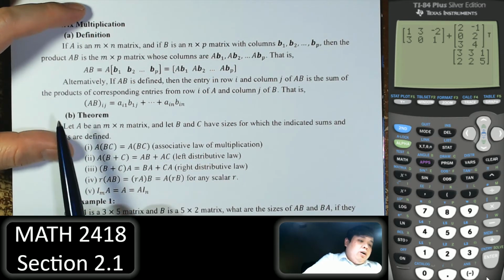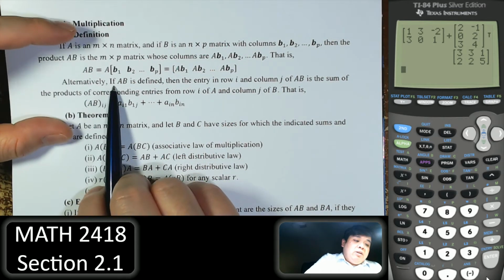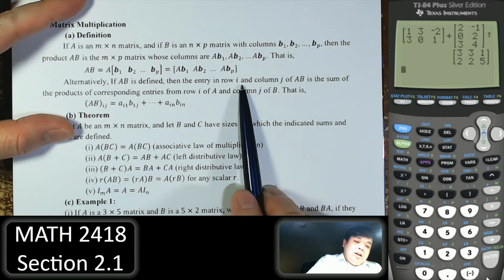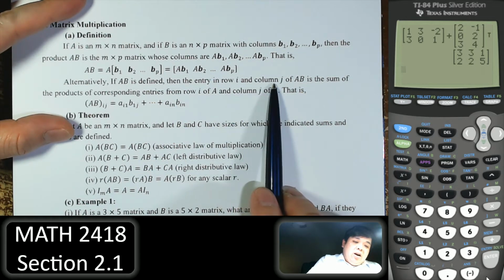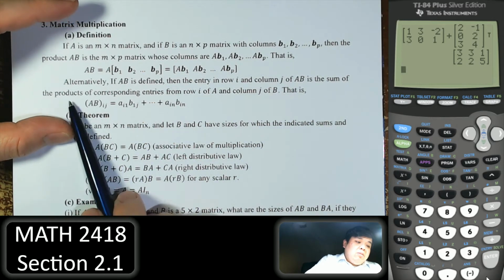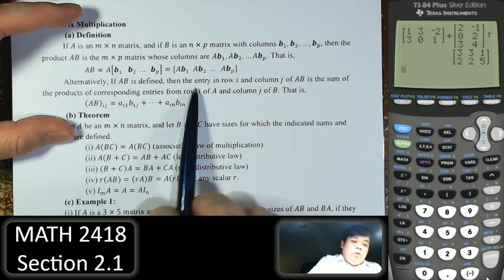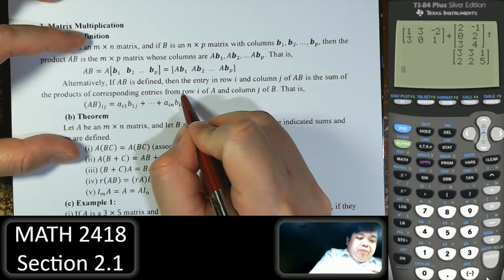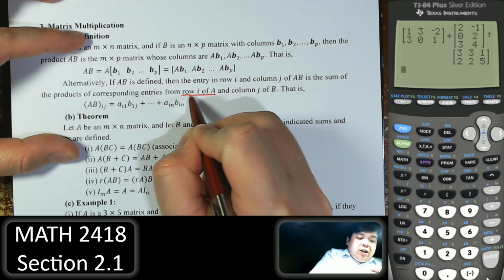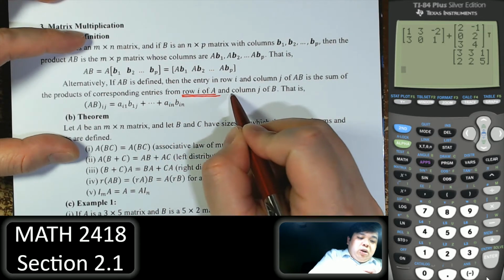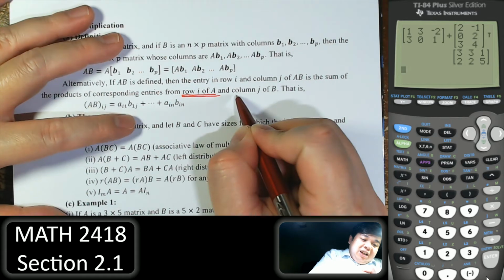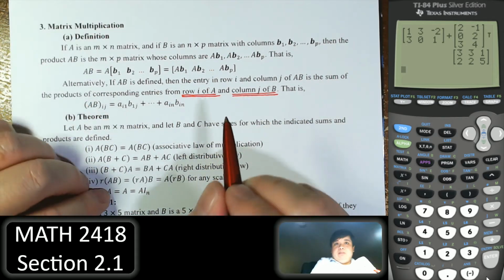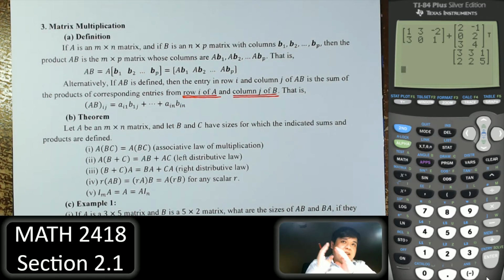Or alternatively, we can define the entry in row I and column J of AB as the sum of the products of corresponding entries from row I of A and column J of B. So the row of the first matrix and the column of the second.